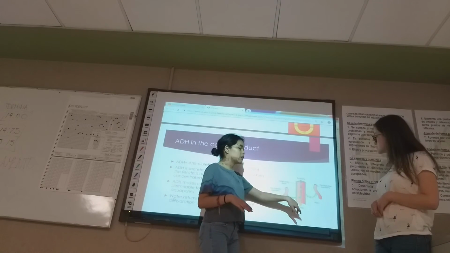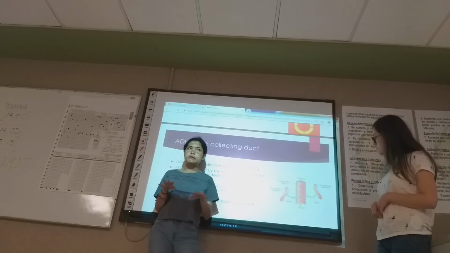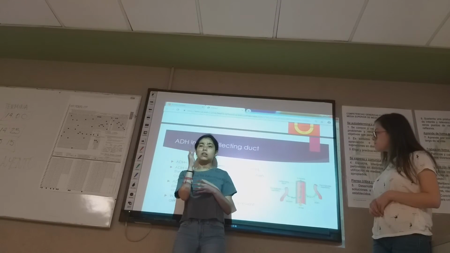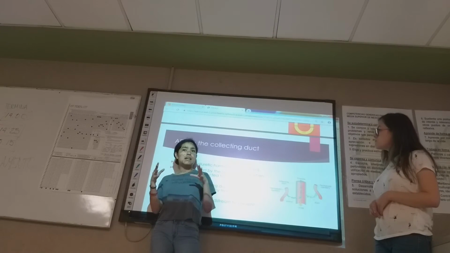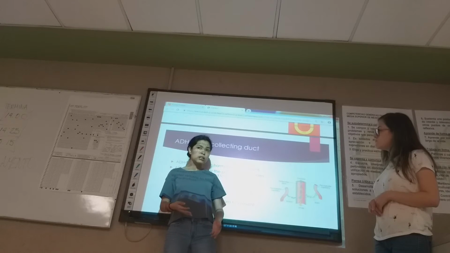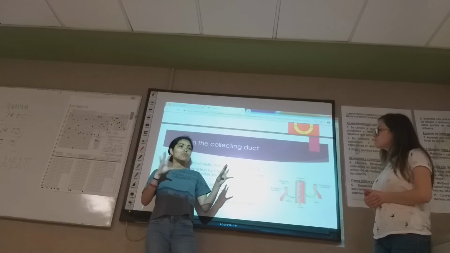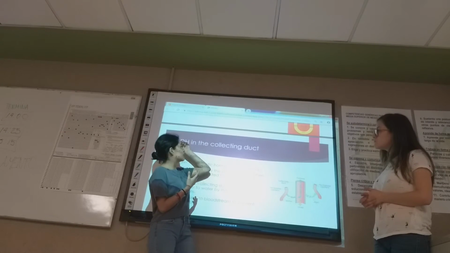Normally the collecting duct is impermeable to water. This means that water cannot pass in or out of the collecting duct. But when the body detects that you are not well hydrated, it will start the secretion of the antidiuretic hormone.